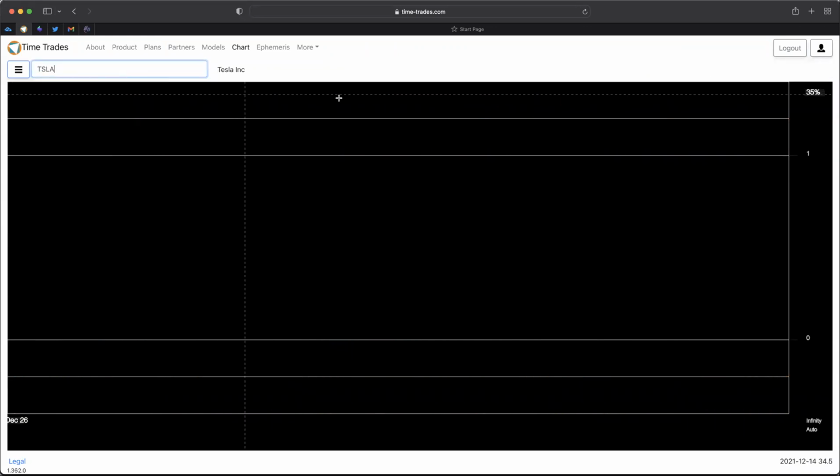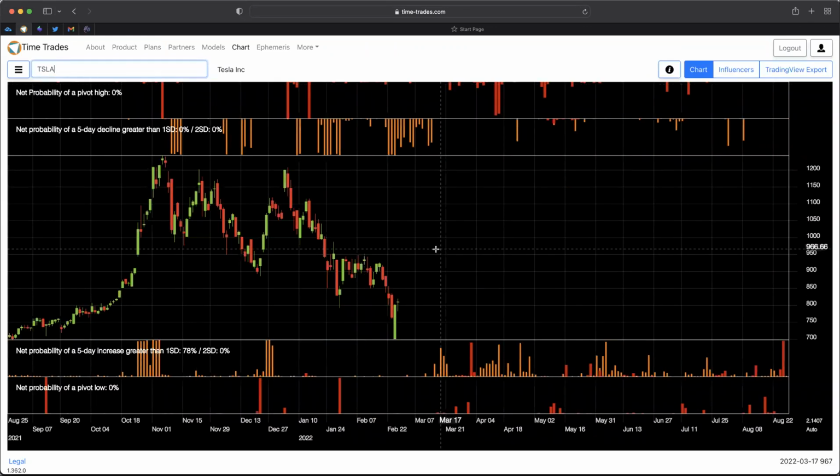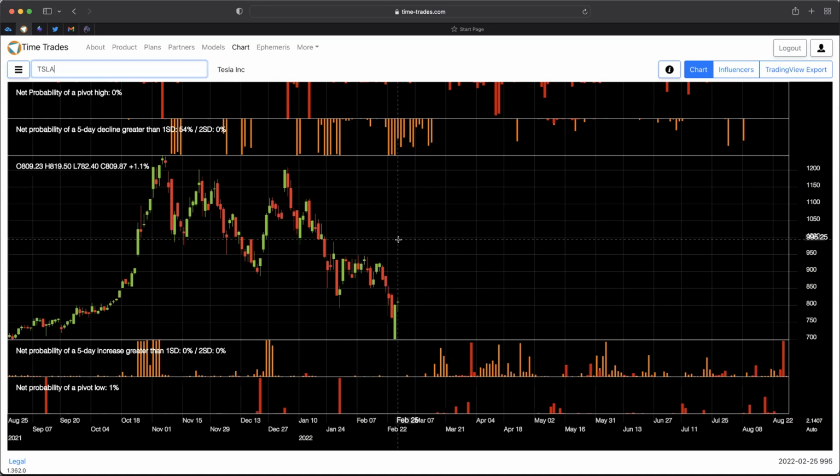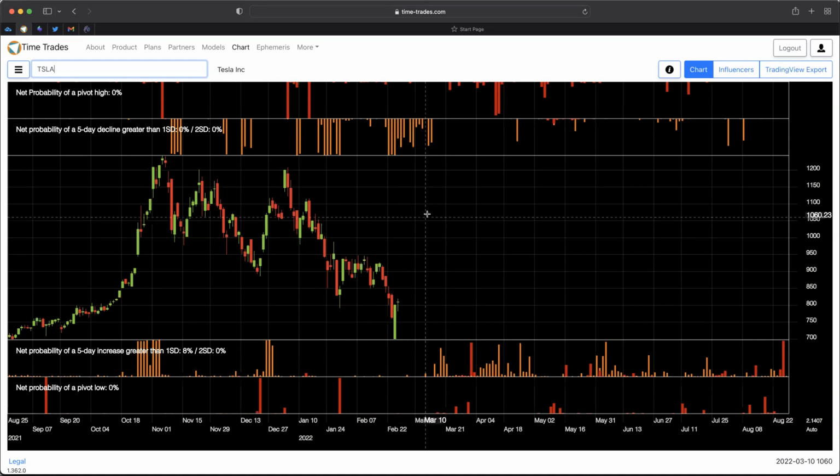And finally, we can take a look at Tesla. Okay, so Tesla has a lot of activity in the forecast. There could be some great trading opportunities given the wide ranges that we see in Tesla.